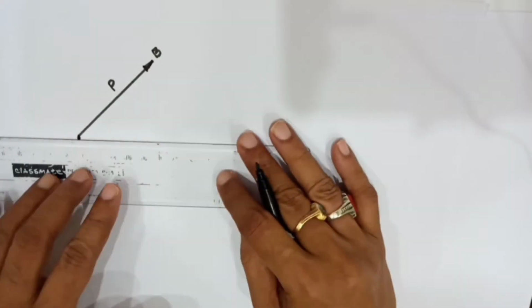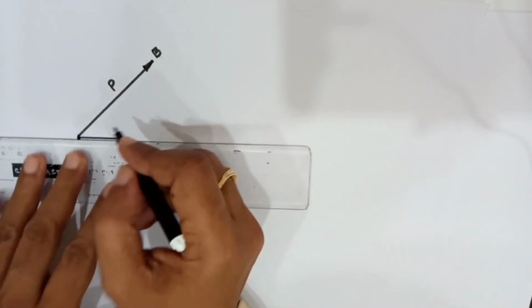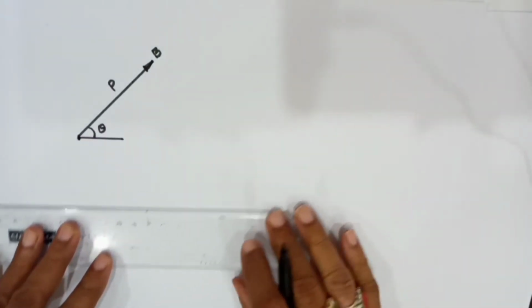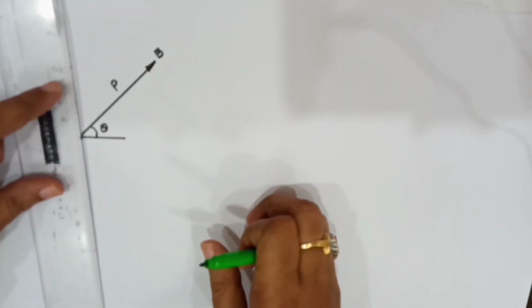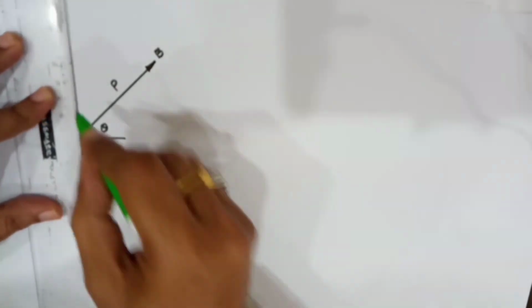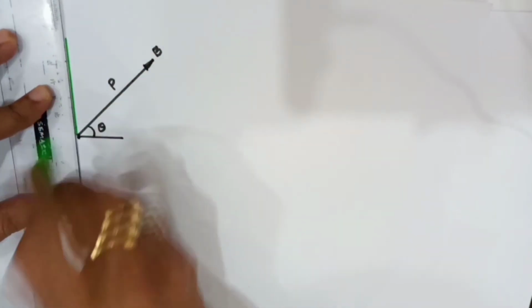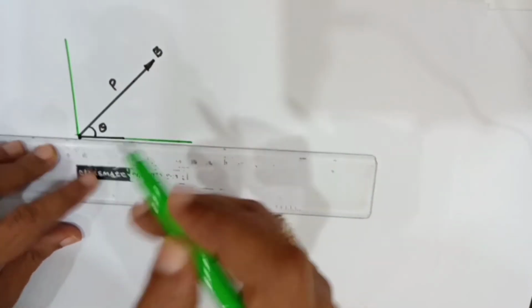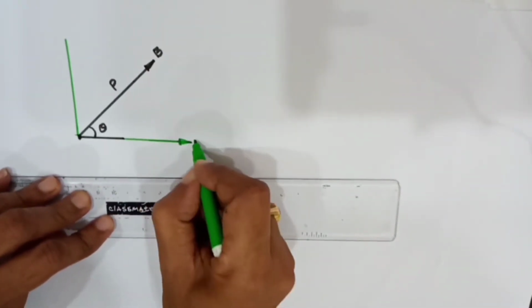As this force is making an angle theta degrees with the horizontal, we have to resolve this force into two components. Those two components are mutually perpendicular, along the y axis and x axis.